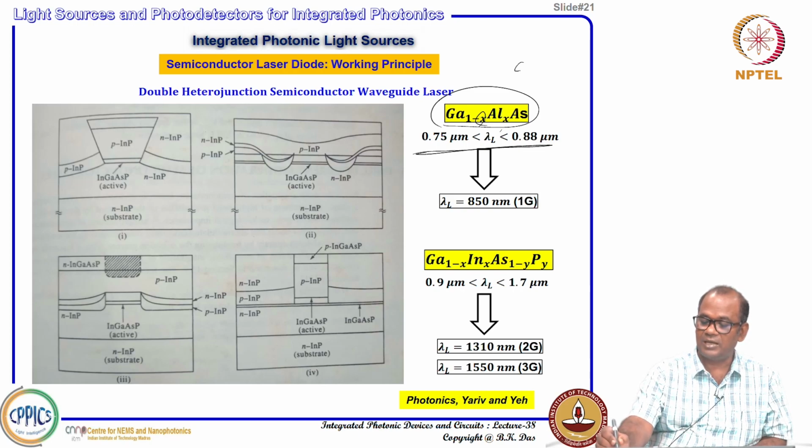Now, keep on increasing x, which means you are incorporating aluminum, the band gap will keep on increasing, and so will the laser wavelength if you use it as the active element. So, you can control the wavelength from 750 nanometer to 818 nanometer. But normally using these things, as I have shown, 850 nanometer is the first generation communication window.